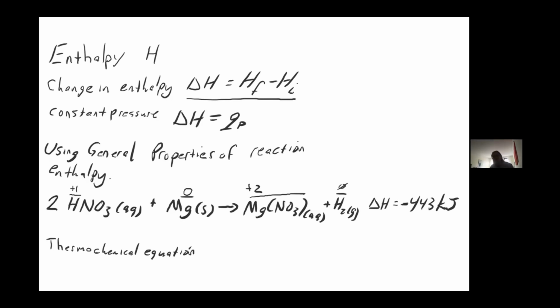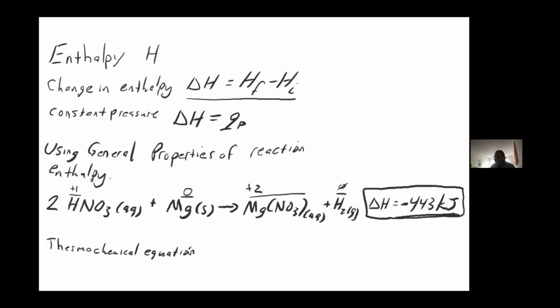Redox reactions are often associated with very large enthalpy changes. That's why things like batteries are essentially redox reactions, because there are large enthalpy changes with those reactions. So here's a large enthalpy change, and this is actually pretty large. This is as large as a combustion reaction.